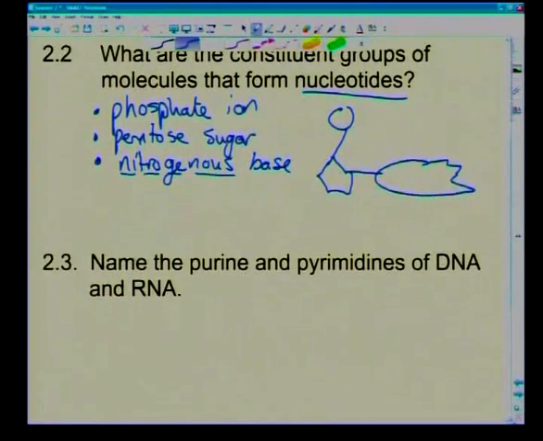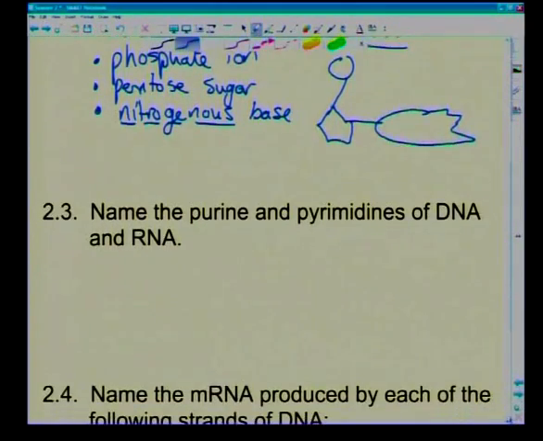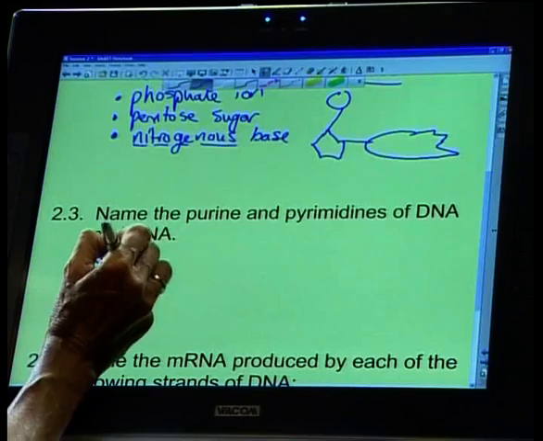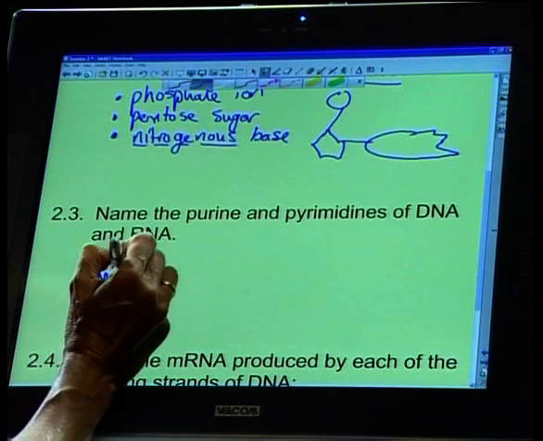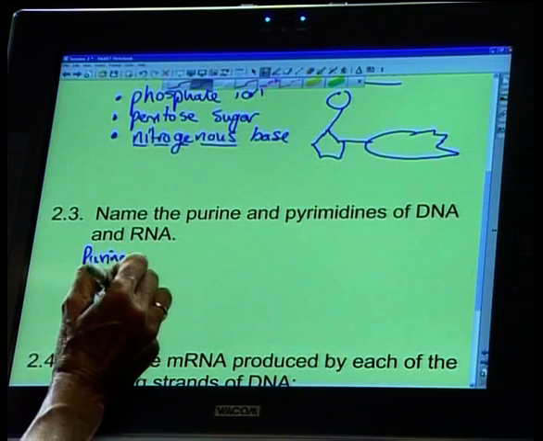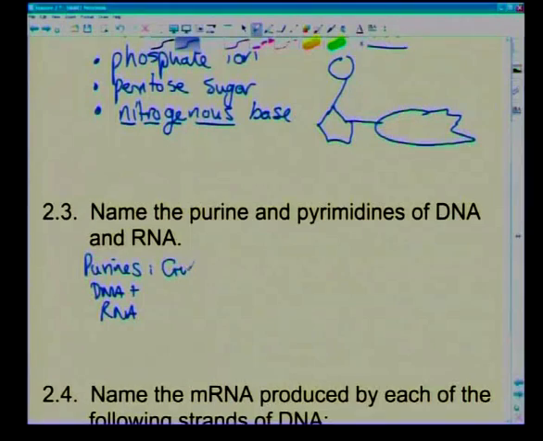Name the purines and the pyrimidines of DNA and RNA. The way I would do this is I would say, right, purines, this will be for DNA and for RNA. You would have guanine and cytosine. So what am I doing?